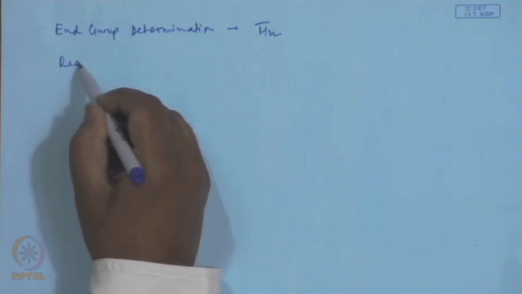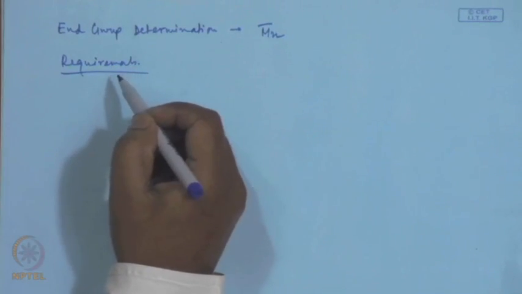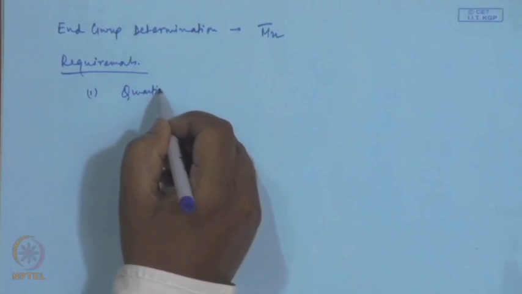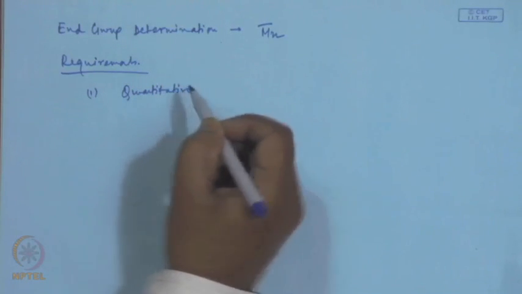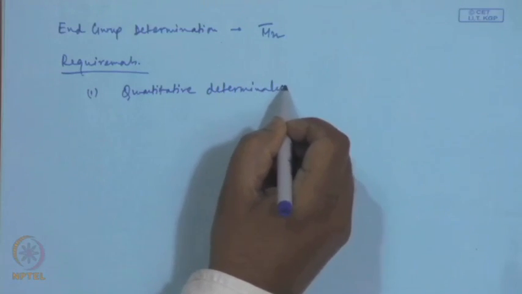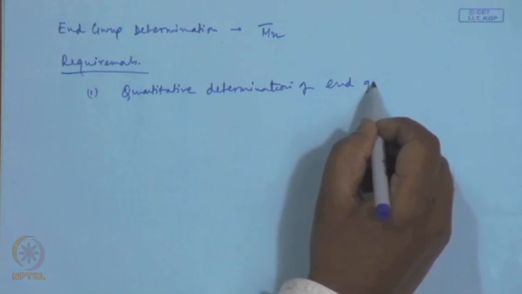The requirements are that we must be able to quantitatively determine the end groups of the polymer.